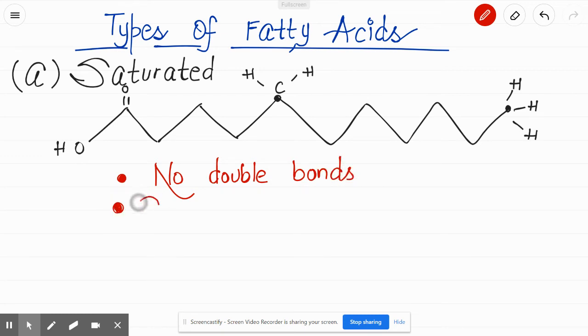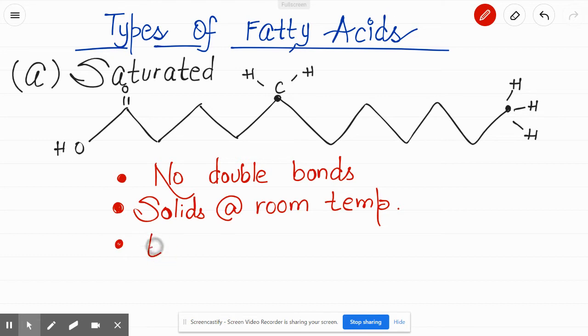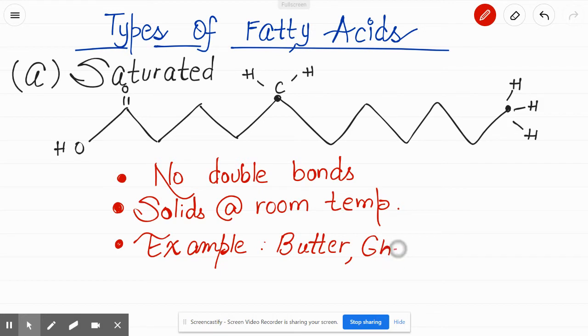Next, saturated fats are solids at room temperature. An example could be butter, or another thing that is very common now in the stores is ghee.